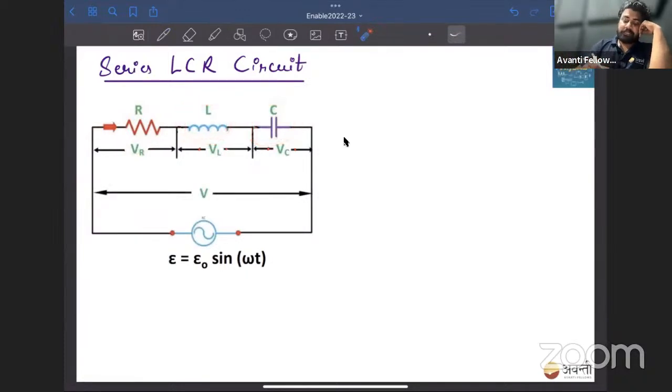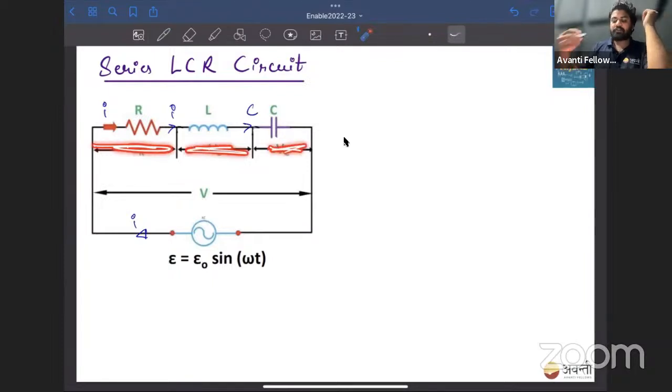Acha, the current which is passing or coming out of this source, let's say it's I. So the same current I will be flowing in resistance also, the same current will be flowing in inductor also, and the same current will be flowing in capacitor also, hai na? These are the markings, not the wires. Okay. So let's say VR is the voltage drop on resistance, VL is the voltage drop on inductor, and VC is the voltage drop on capacitor.